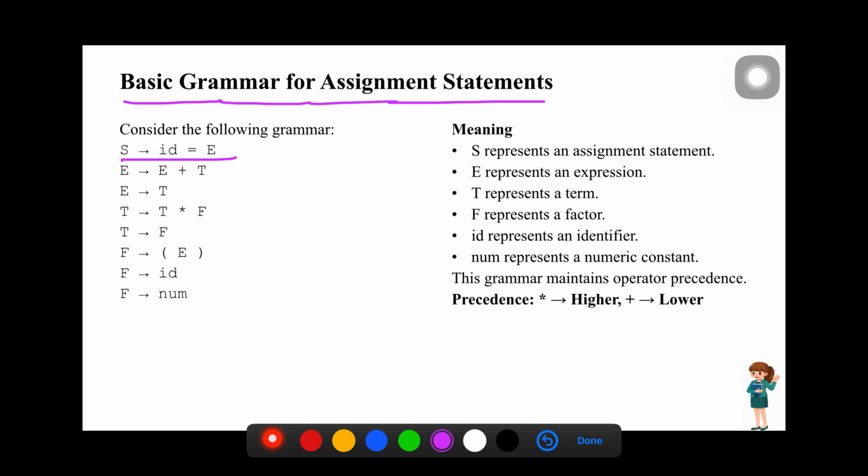The important thing here is that the grammar separates the expression into E, T, and F. E represents the expression, T represents the term, F represents the factor. Multiplication is handled at the T level while addition is handled at the E level. Therefore, multiplication gets higher precedence than addition. I hope you guys understood. Let us move on to the next slide.